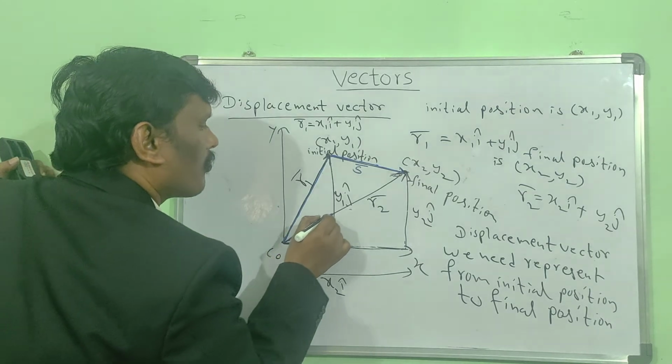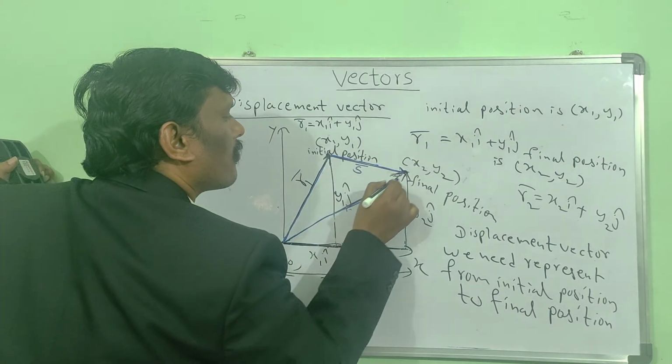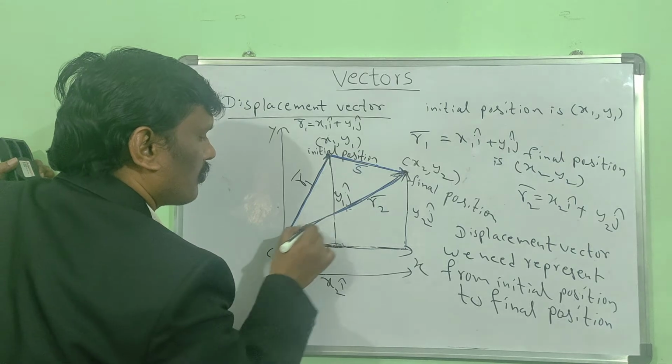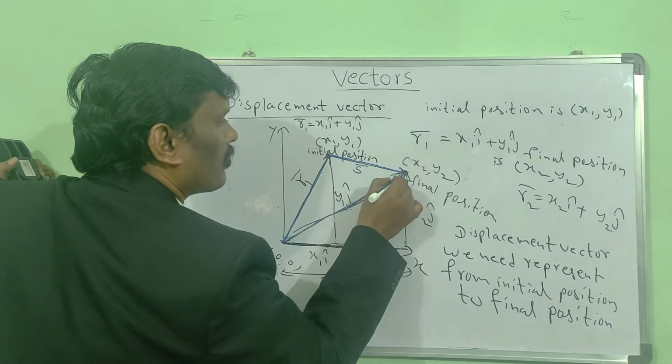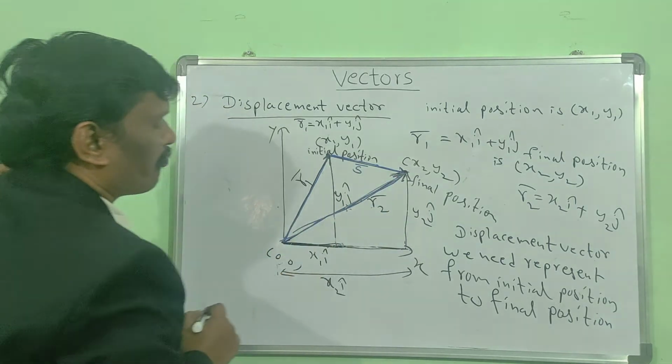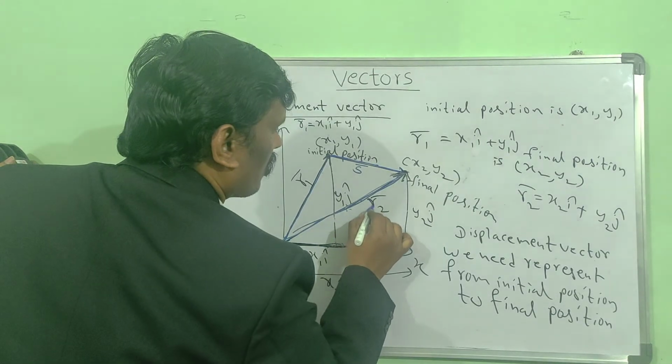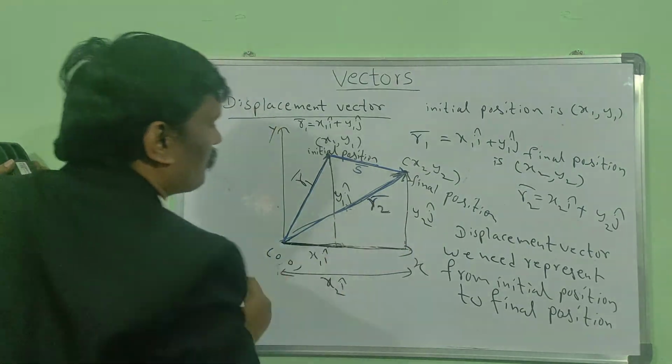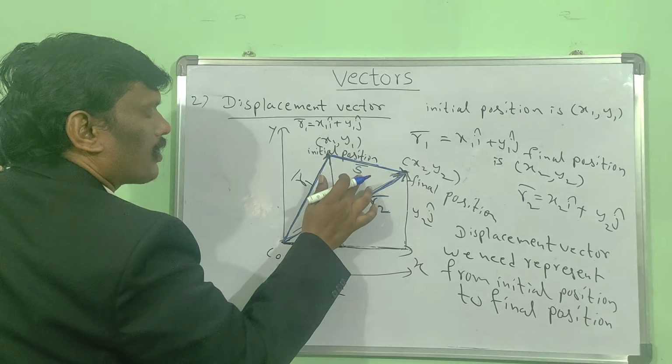This is the final position vector R2 bar. R1 bar, R2 bar, S bar.